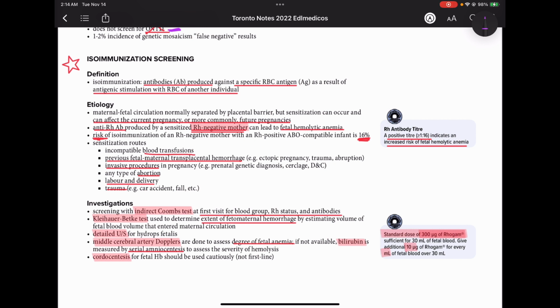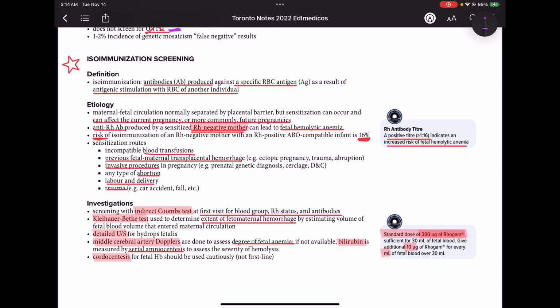So etiology: maternal and fetal circulation are normally separated by the placental barrier, but sensitization can affect the current pregnancy, though more commonly the future pregnancies. So we have to give anti-RH antibody. What anti-RH antibody does is calm down the antigens entering the maternal circulation and not let the maternal circulation be triggered to produce more and more antibodies against it.